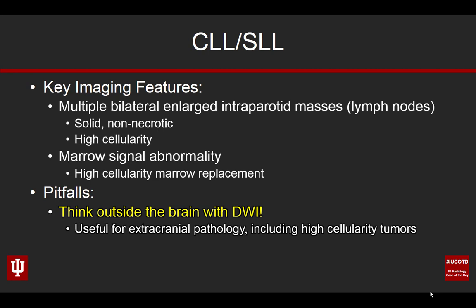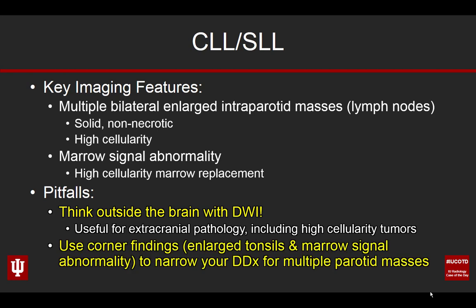You don't see the fat, you null out a lot of the muscular tissue, so be on the lookout. If you see something that's bright on the trace diffusion and dark on the ADC map in the extracranial soft tissues, it's really incumbent upon you to figure out what it is. Try to locate it with the other sequences. If you can't figure it out, maybe get some more imaging and try to track it down, because it can be a very powerful tool for picking up on those extracranial tumors seen as part of routine brain imaging.